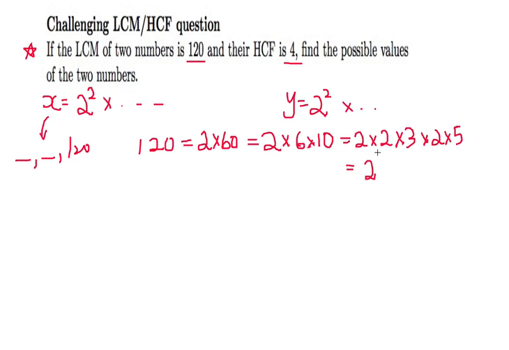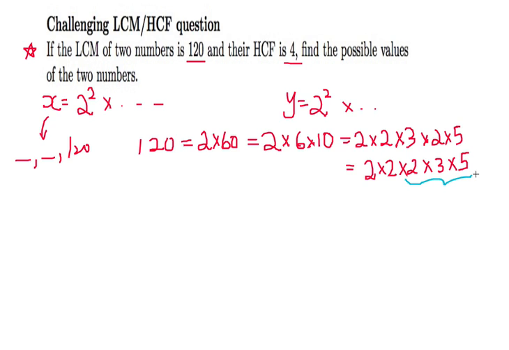So now we can see that it's 2 times 2 times 2 times 3 times 5. So now we know that there are other factors in either x or y: 2, 3, and 5, for instance.